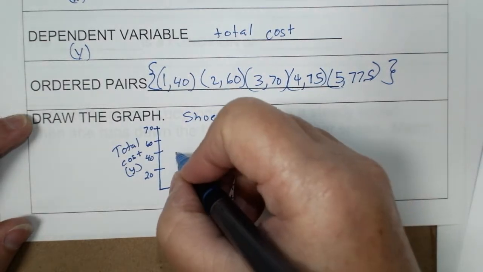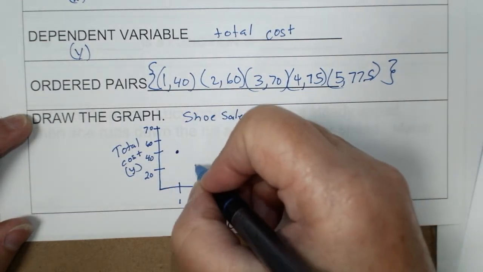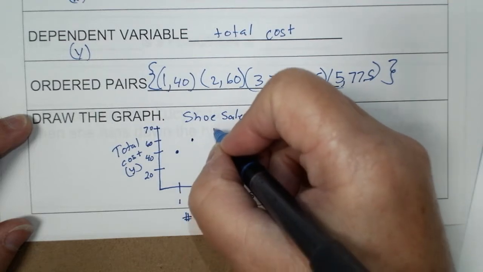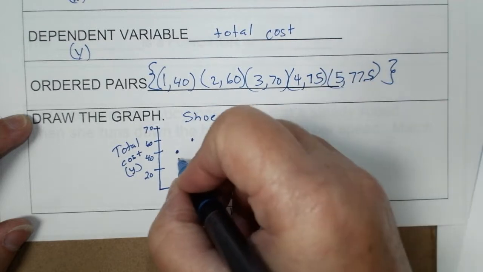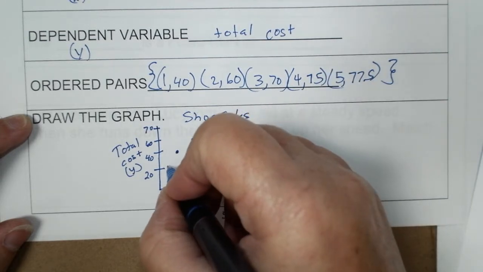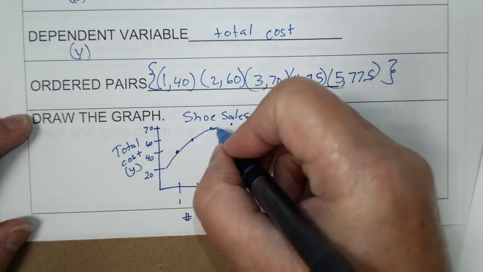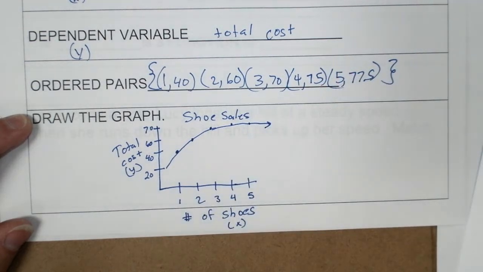And when I bought 1 pair it was 40, and 2 pairs was 60, and then 3 pairs was 70, and it starts trailing off, right? So it's kind of like this.